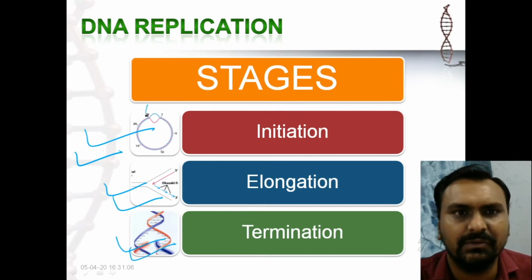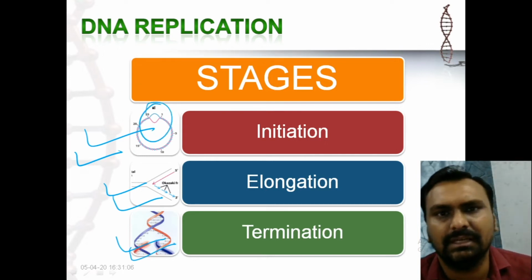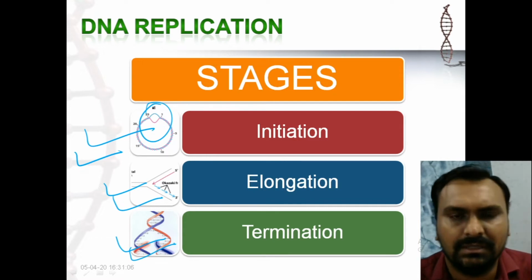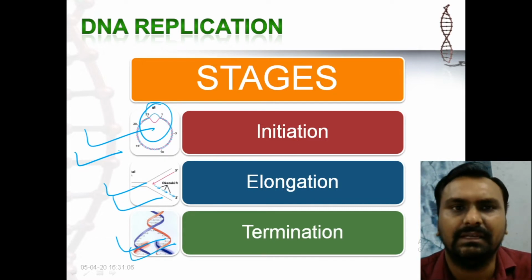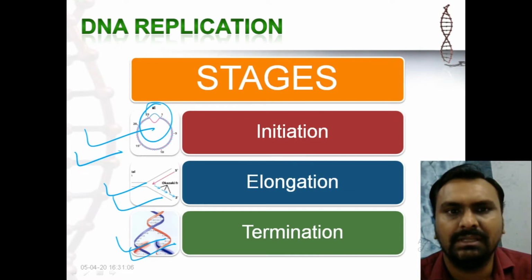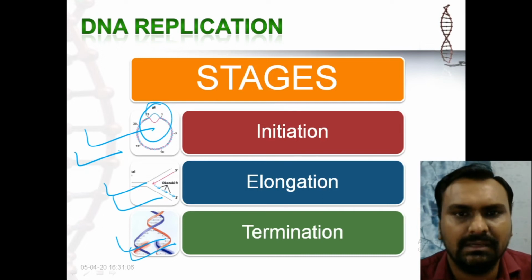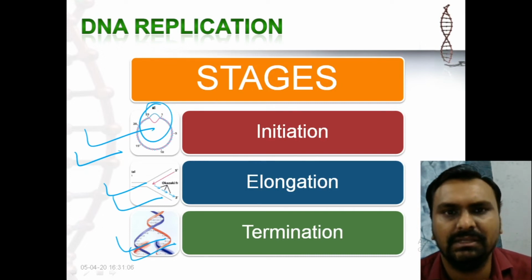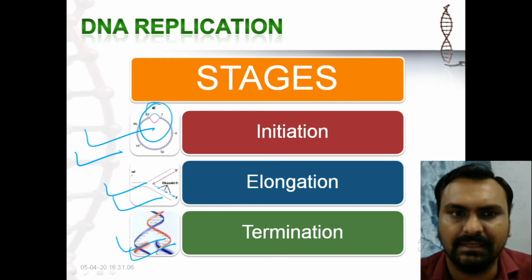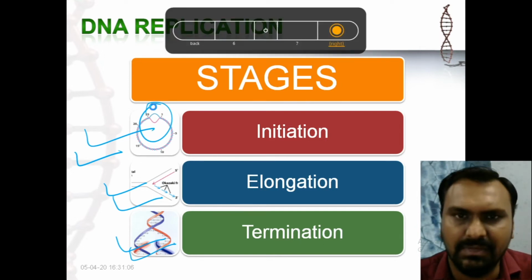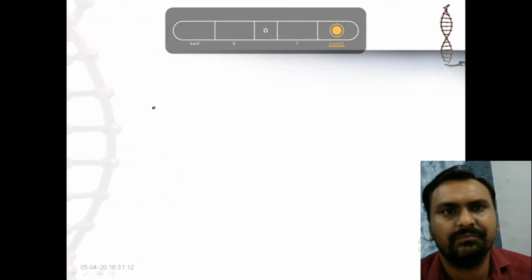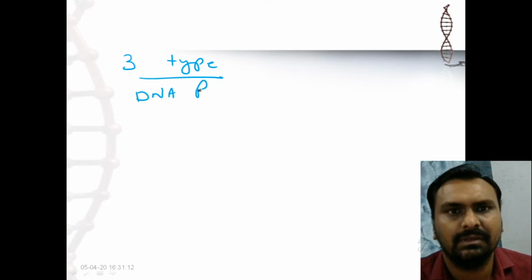So initiation, as we know, at the origin of replication, is the starting of DNA replication, where DNA will unwind with the help of helicase and DnaA protein. Then with the help of DNA polymerase enzyme, nucleotides are added and a new DNA strand is synthesized, and ultimately it is terminated. Okay. So there are three types of DNA polymerase in prokaryotes.